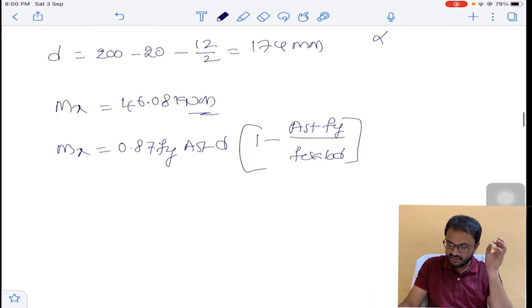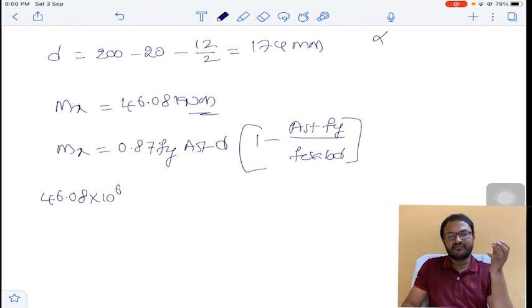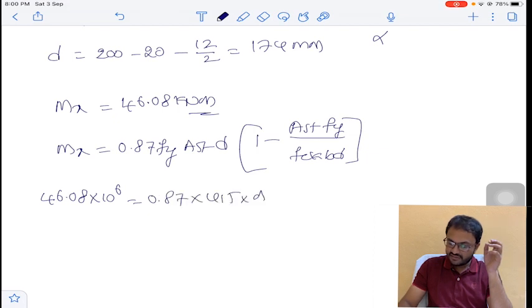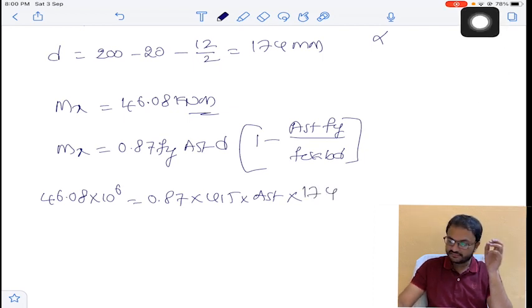Very important formula. So Mx we got as 46.08 into 10 power 6. I am converting this kilonewton meter into Newton mm. That is equal to 0.87, fy is 415, Ast we do not know, and d is the effective depth 174, which we just calculated.